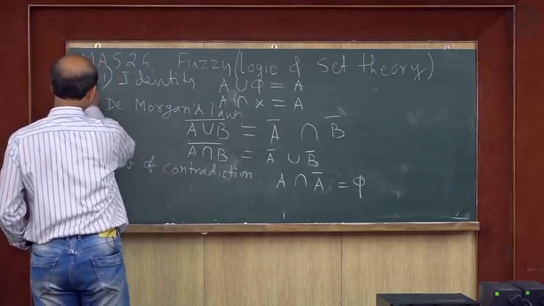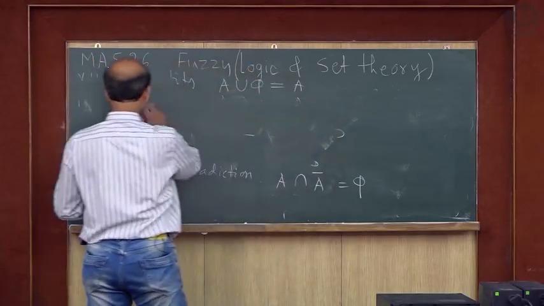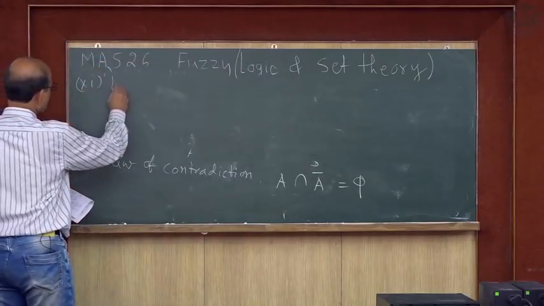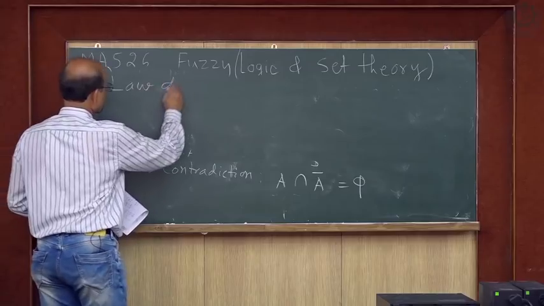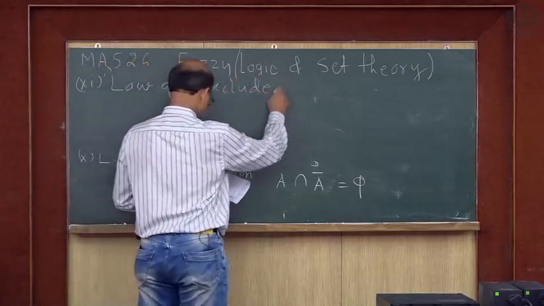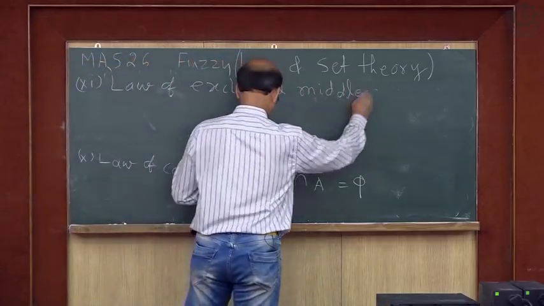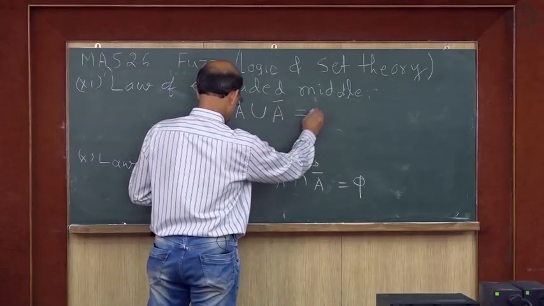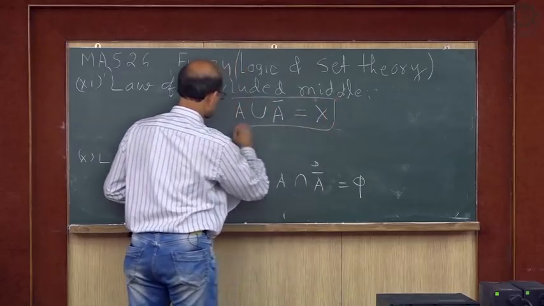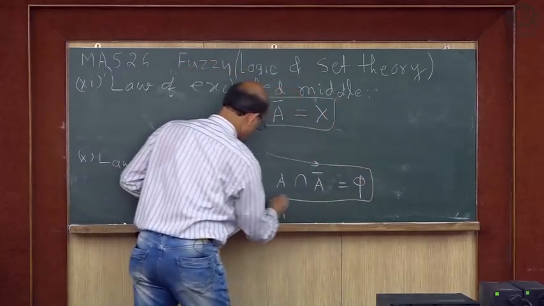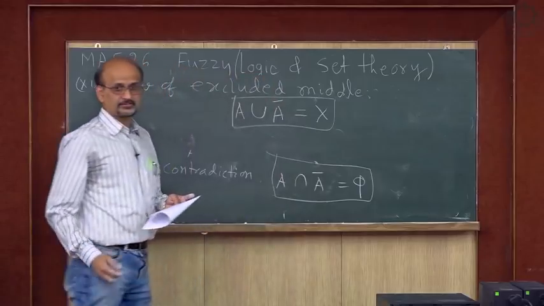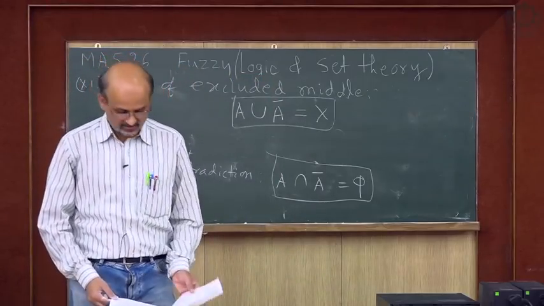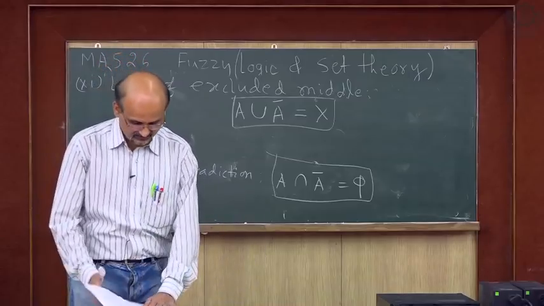And the last one, that is your law of excluded middle. Here it is A union A complement is equal to X. So, these two are very important in fuzzy set theory.